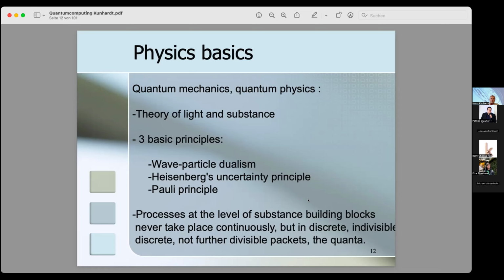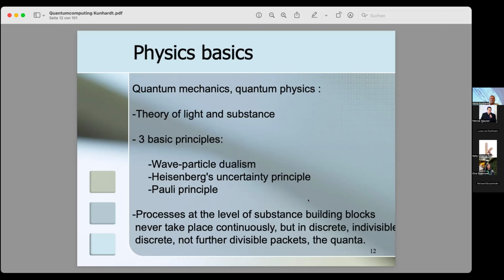Three basic principles you should know and understand when we speak of quantum physics. First of all, we have to understand the wave-particle dualism. I try to start that with the discussion: what is light? Is light a particle, or does light consist more of waves?